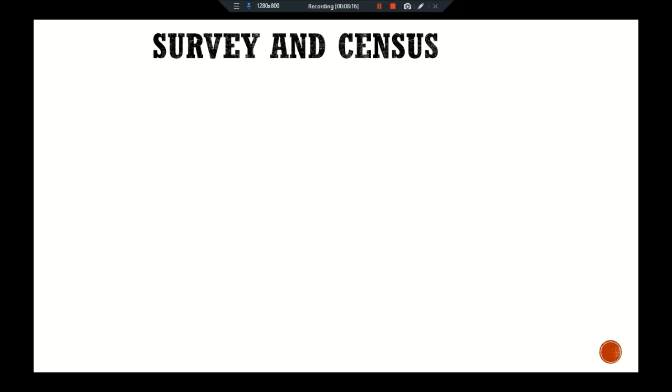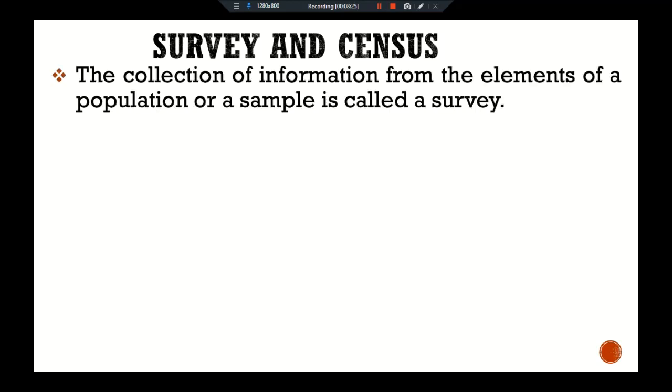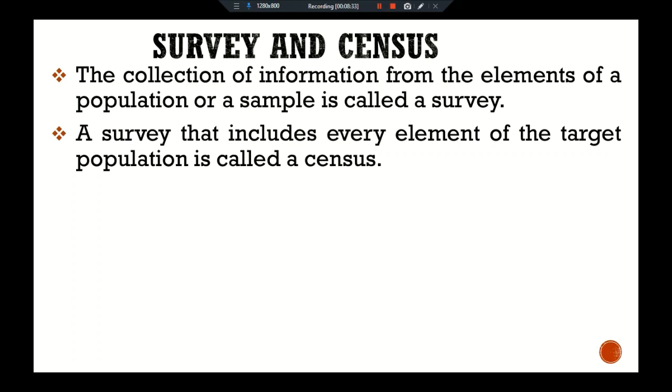Okay, let me give you some information about survey and census. The collection of information from elements of a population or a sample is called a survey. A survey that includes every element of the target population is called a census.